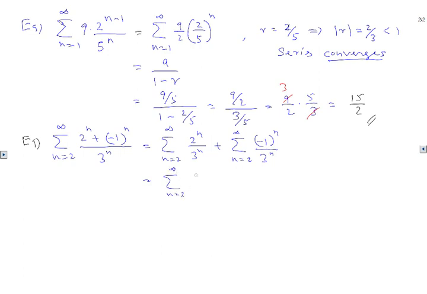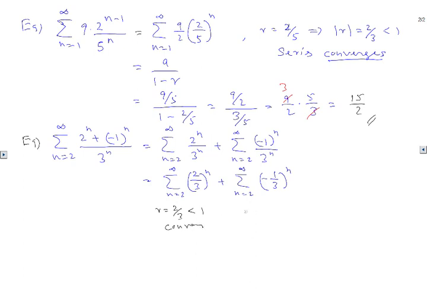So you can write this one as 2/3 to the n, and then here sigma n going from 2 to infinity negative 1/3 to the n. Now we know what's r. So in the first one you can see r equals 2/3, which is less than 1, so the series converges.